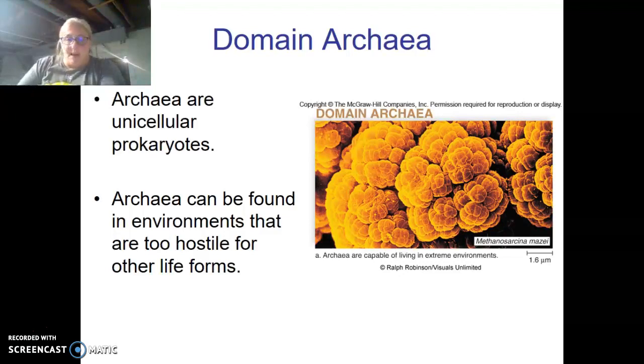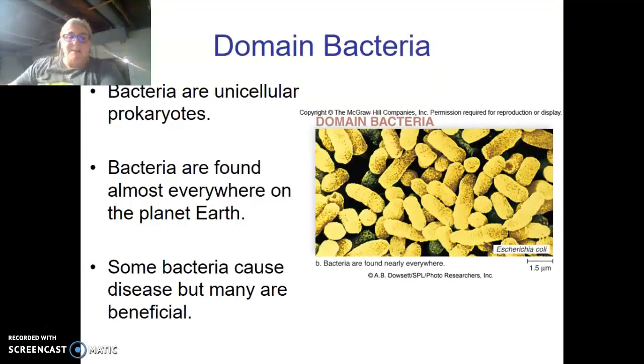The next domain is bacteria. Bacteria are the earliest life form, and they're also unicellular. They're prokaryotic, just like the Archaea. These two groups are very similar in their structures, but they're found in some unique places.